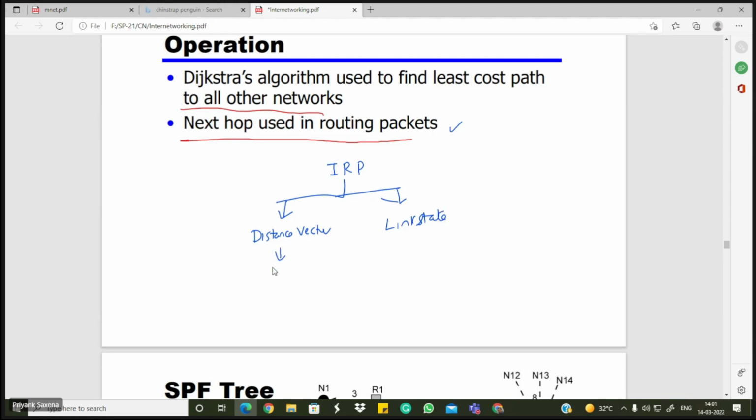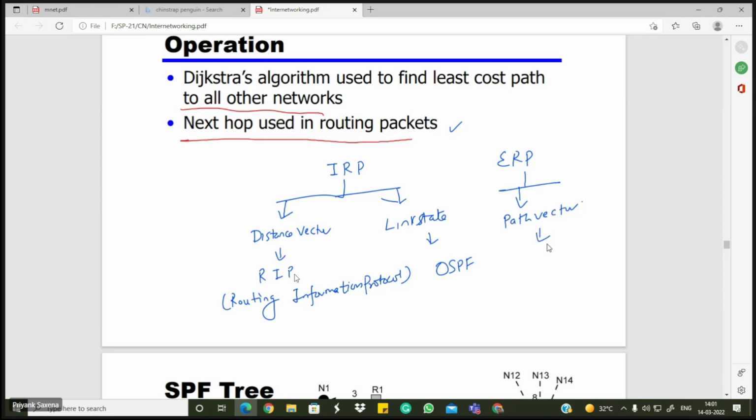So the protocol based on distance vector is RIP, that is Routing Information Protocol. And the second is link state, which means OSPF is based on this, which we just talked about. And there is an ERP, exterior routing protocol. The example is, it is based on path vector routing. Algorithm is path vector, and example is BGP, right?